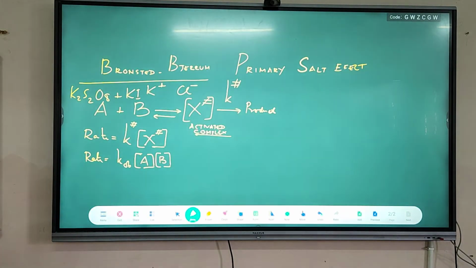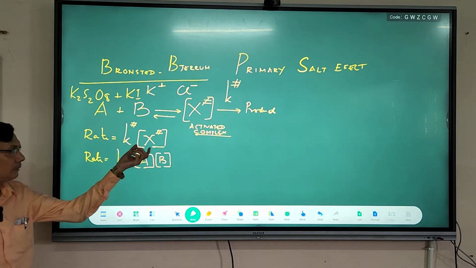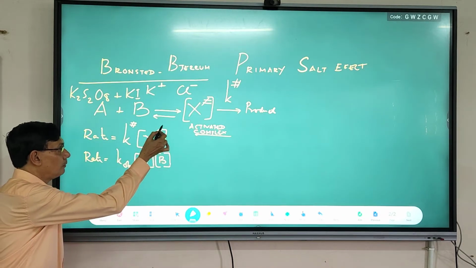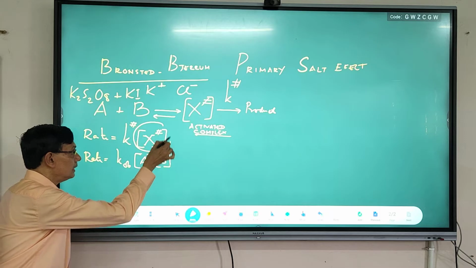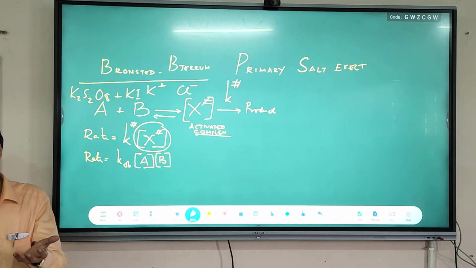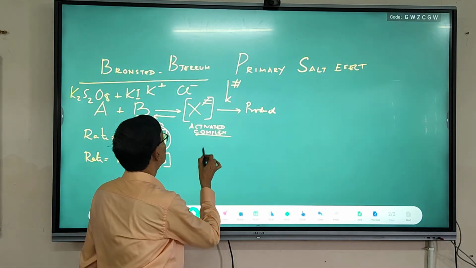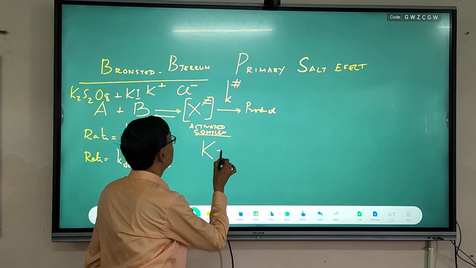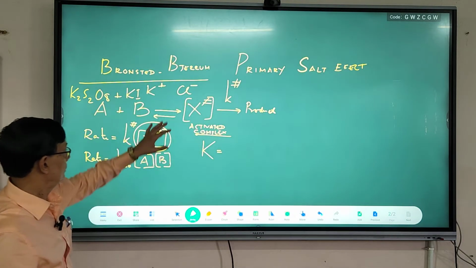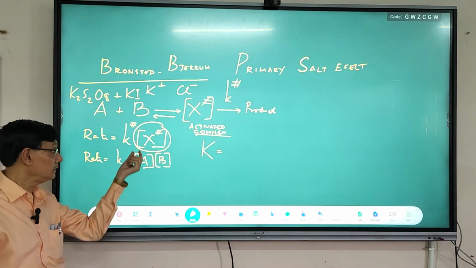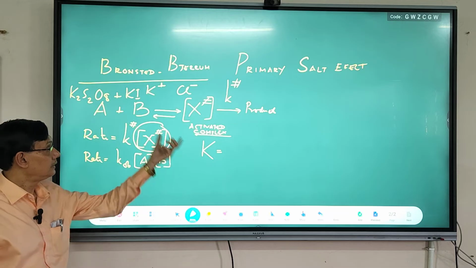This is the objective. So what I have to do, just like your normal cases, because it is a slow, rate determining step, I have to substitute the value of x here. Then I will get the final result. So if I write K is equal to capital K, this is not the rate constant. The rate constant is here, this is k.